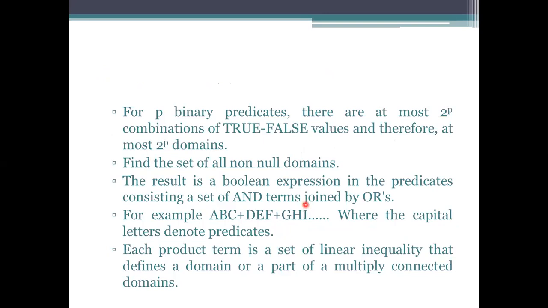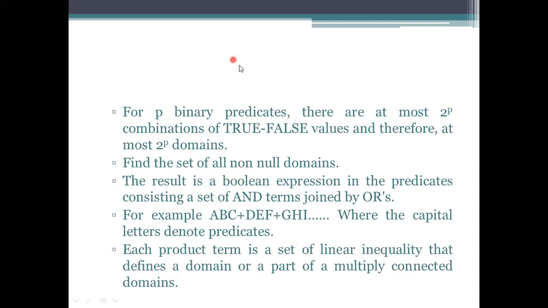If we have such predicate values, then in the fourth step, if you have p binary predicates, then we will have 2 to the power of p combinations of true and false values. For example, if you have two binary predicates, that is 2 to the power of 2, which is 4. Why?